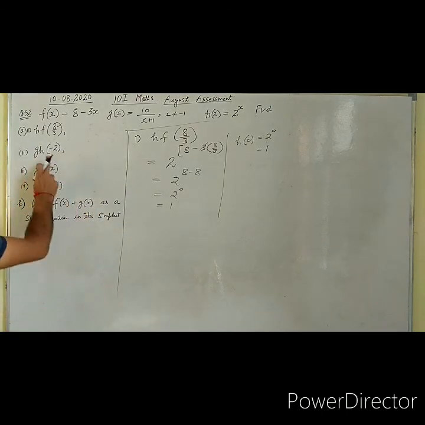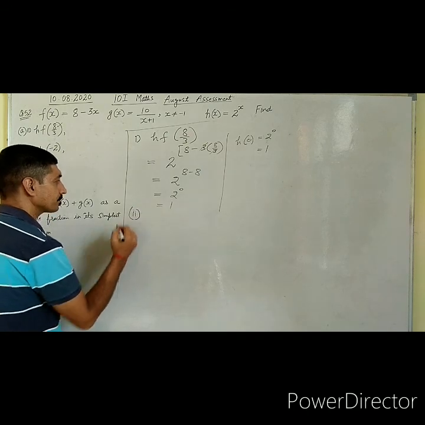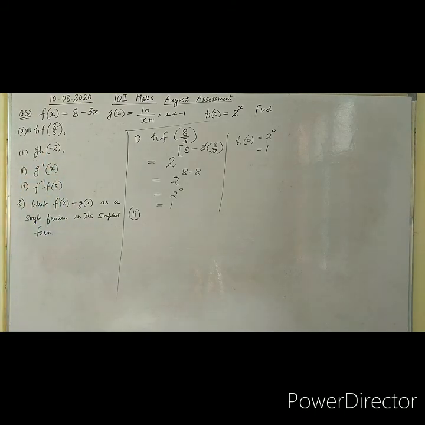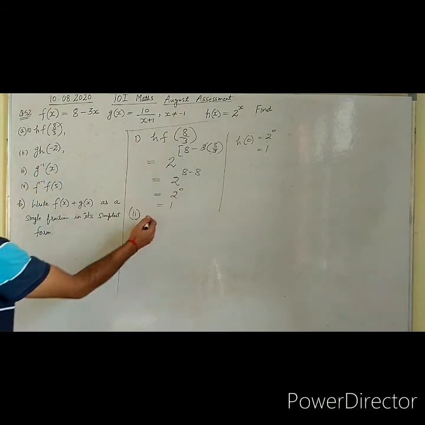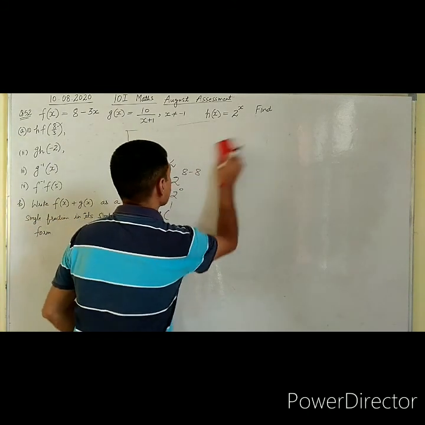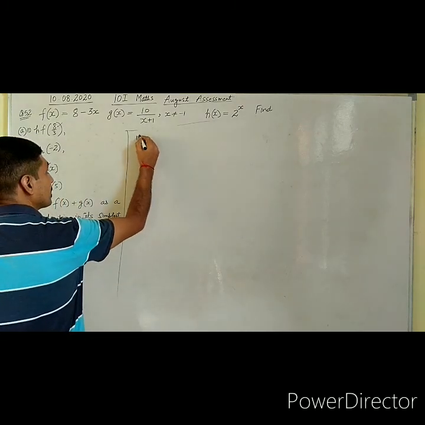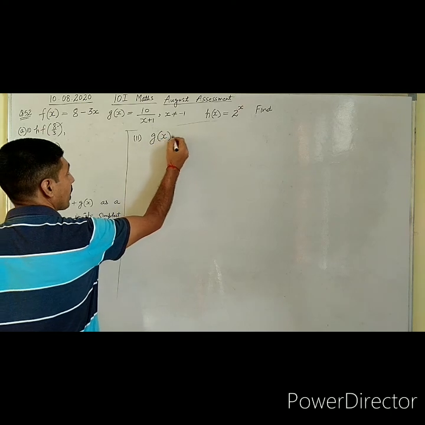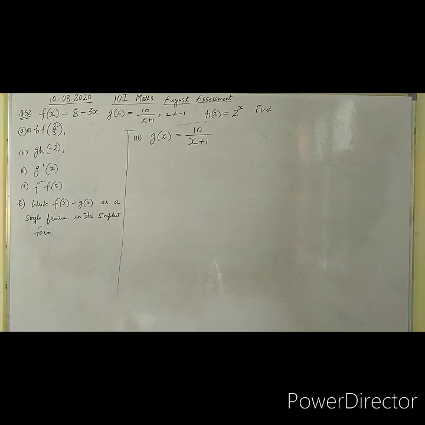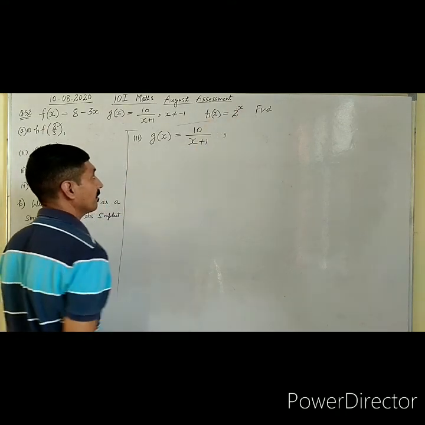Now we have the second part, gh at minus 2. Here g(x) and h(x) is 2 raised to power x.